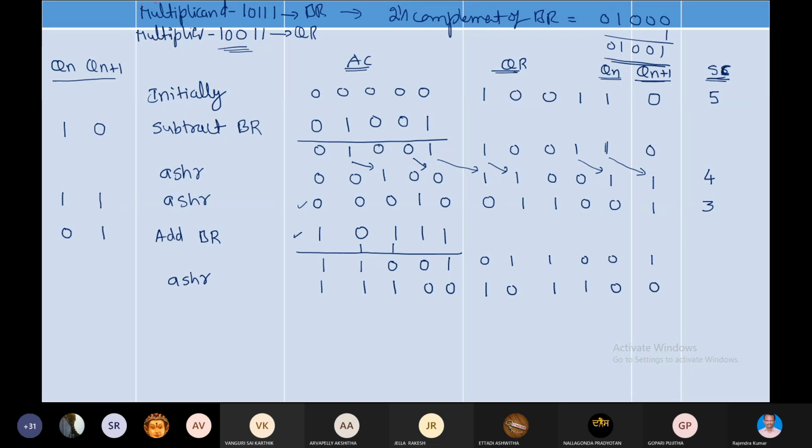Now this is arithmetic shift right. The MSB is 1 here, so in the new MSB we are placing a 1. So what did we get?